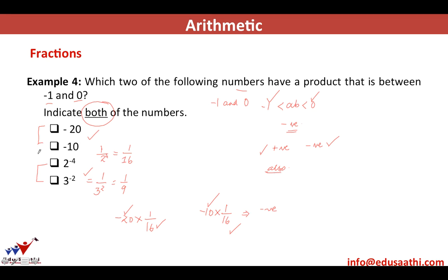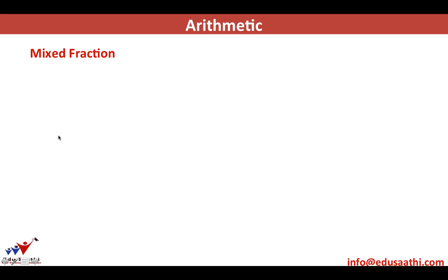So my answer would be minus 10 and 2 raised to power minus 4. These two would be the numbers which when multiplied would give me a product which is between minus 1 and 0.